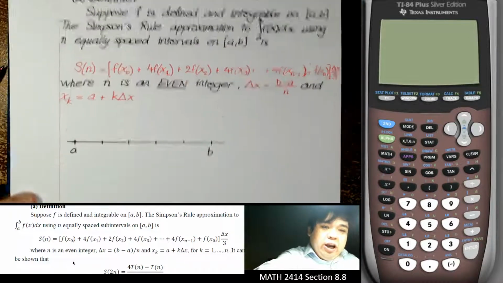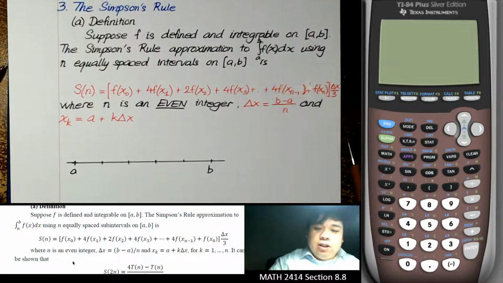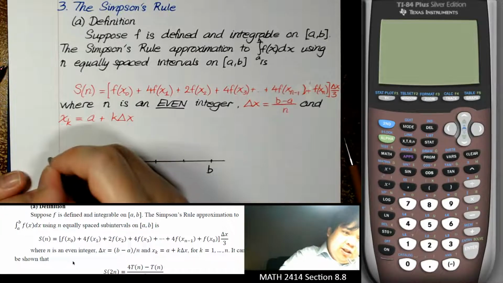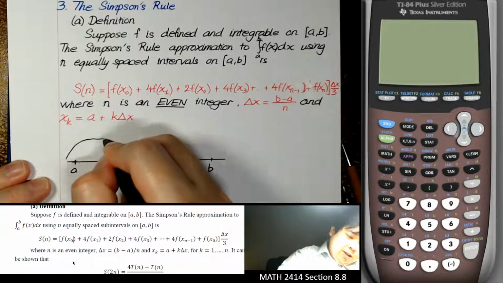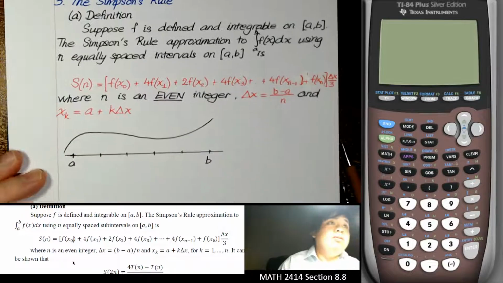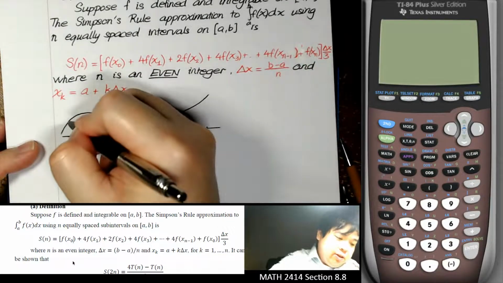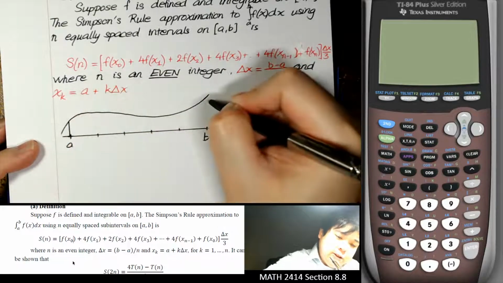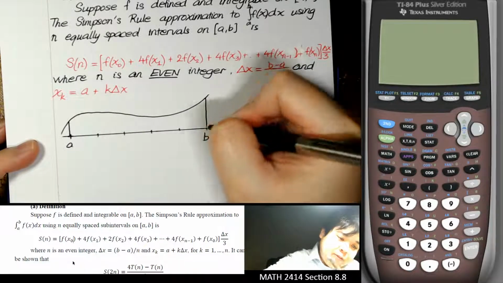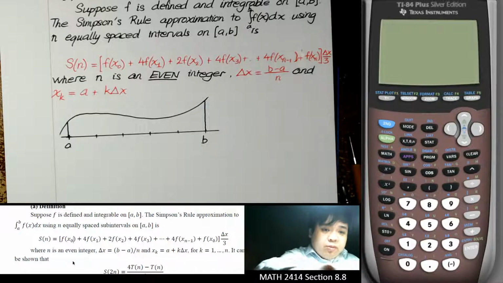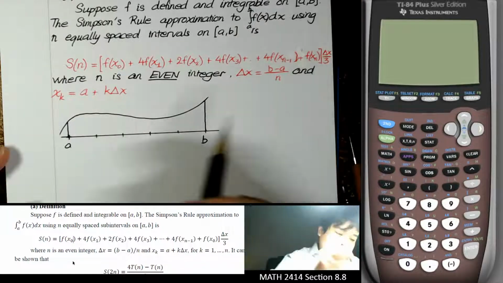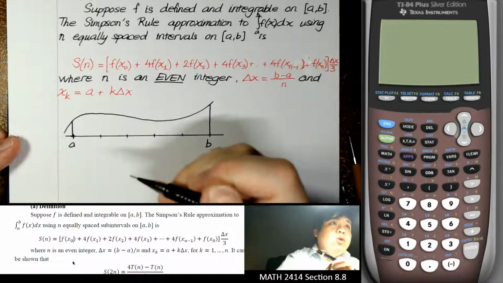And we try to estimate the area under the curve. Let's say the curve goes like this. What we did earlier was we used the midpoint or the trapezoid rule.